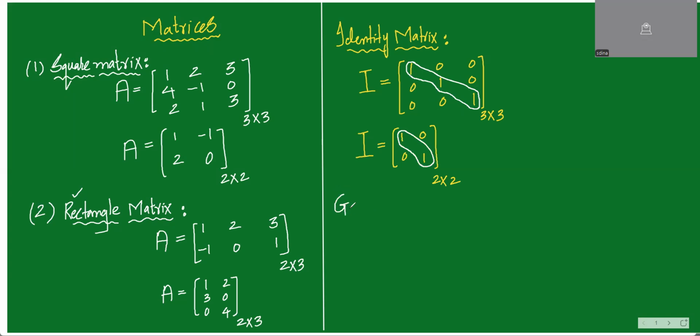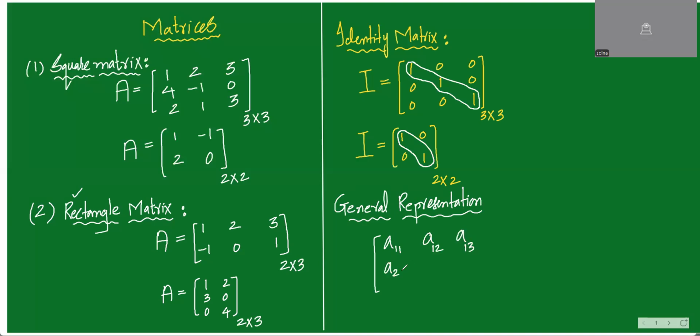Next, the general representation of the matrix. This is A11, A12, A13.